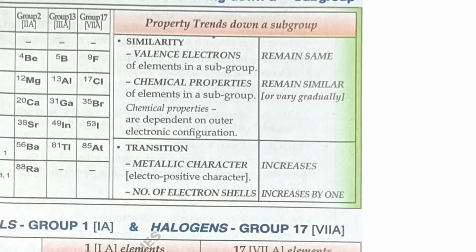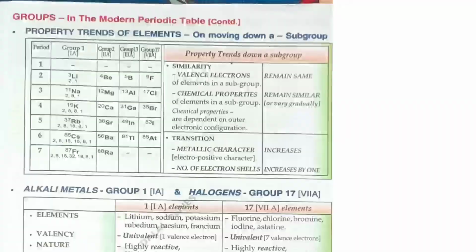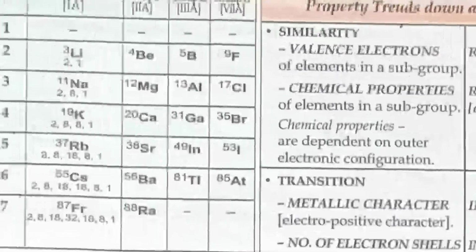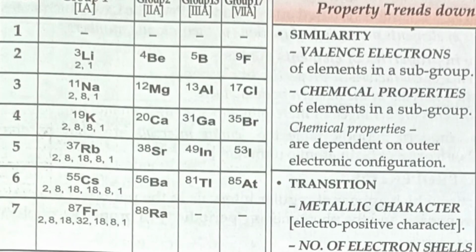Then metallic character increases from top to bottom, and the number of electron shells increases by 1 because the new electron enters into a new shell, and therefore the number of shells increases. For example, we can take lithium and sodium.